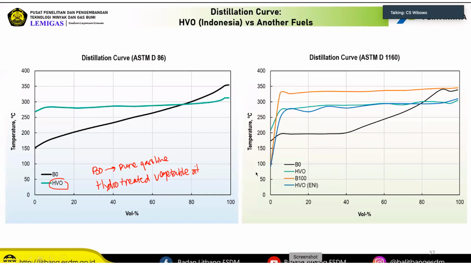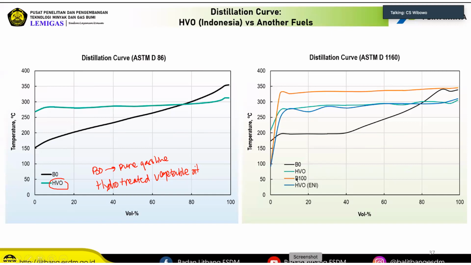While in here we have B100, which I think is from the natural resources, without mixtures of the crude oils.